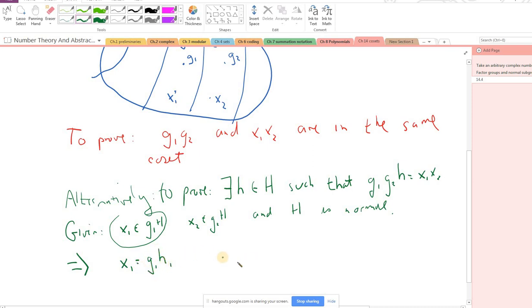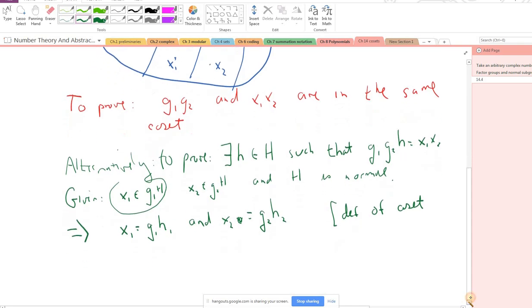And x2 equals g2 h2. Oh, I'm sorry, g2 h2. All right. So this is from the definition of coset, right? Yes. Okay.